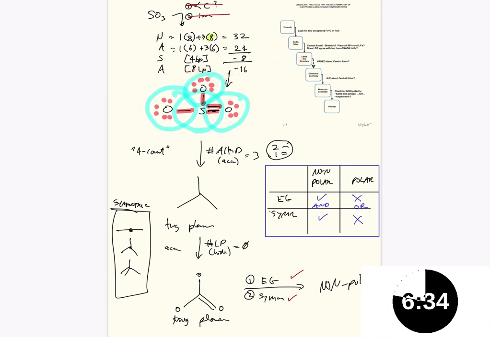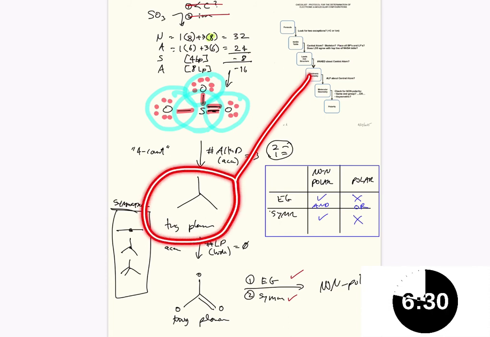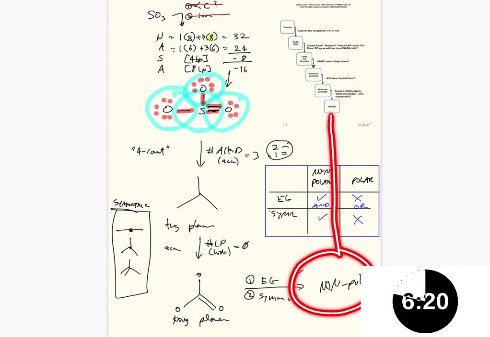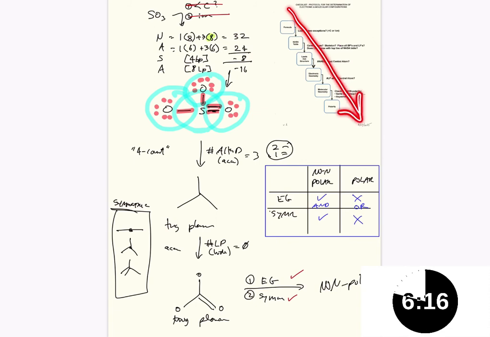And from the Lewis dot structure you can determine the electronic geometry. And from the electronic geometry, you can determine the molecular geometry. And from the molecular geometry, you can determine the polarity. And so here's the cascade, and here is a full example.